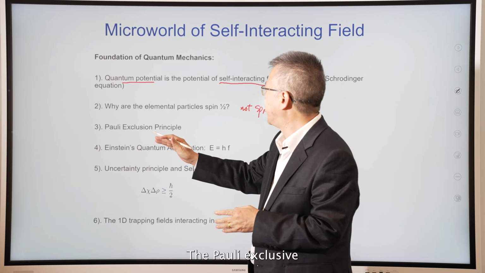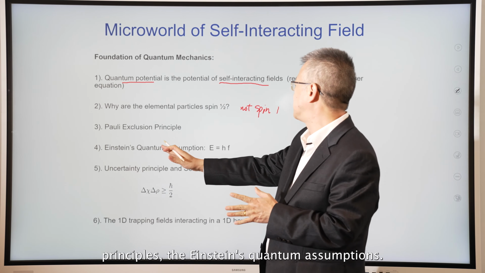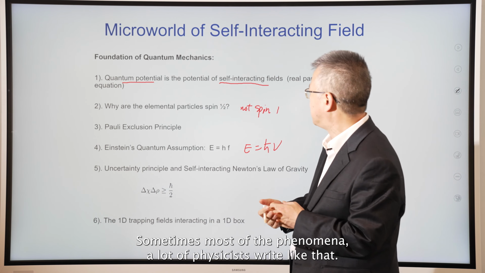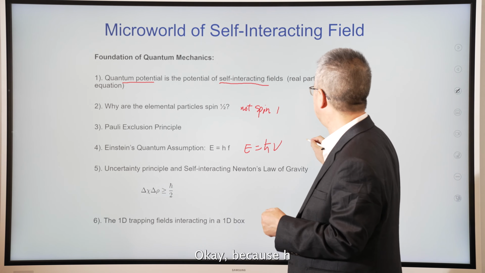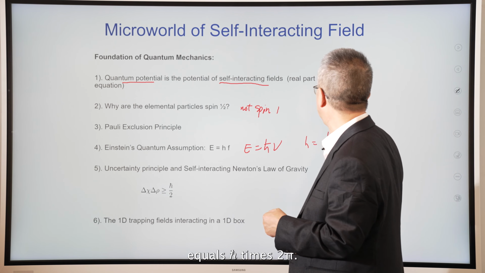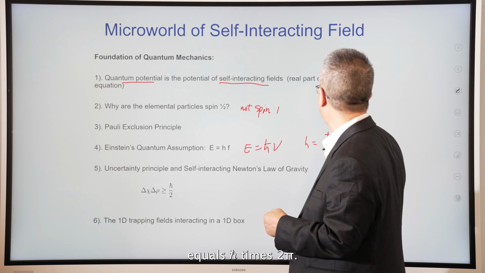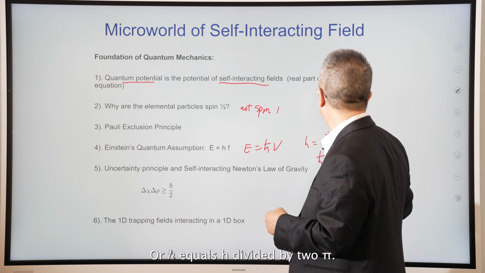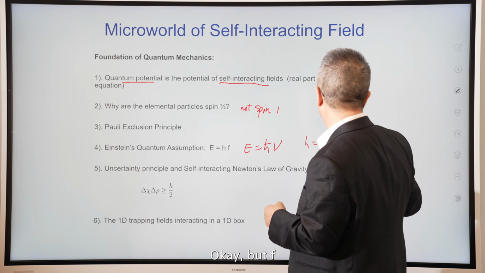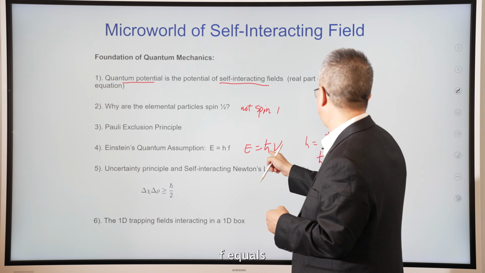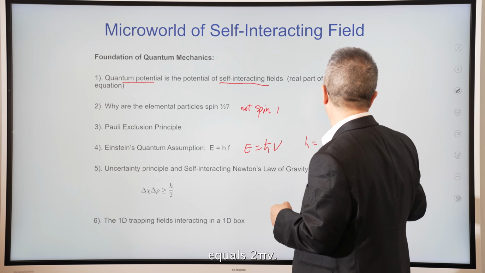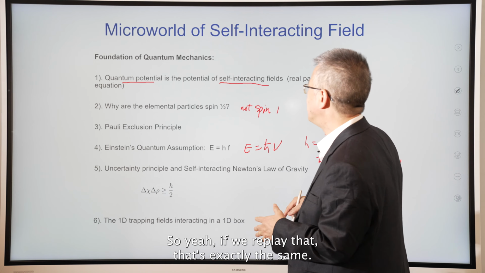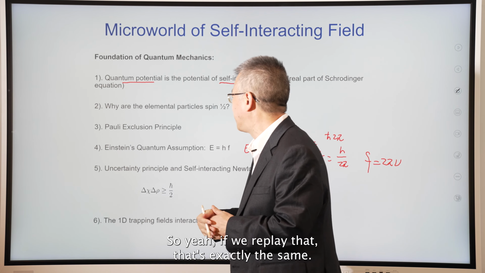The Pauli exclusion principle, Einstein's quantum assumptions: most physicists write it like that, because h equals h-bar times 2 pi, or h-bar equals h divided by 2 pi. But f equals h, equals 2 pi v. So if we replace that, it's exactly the same.